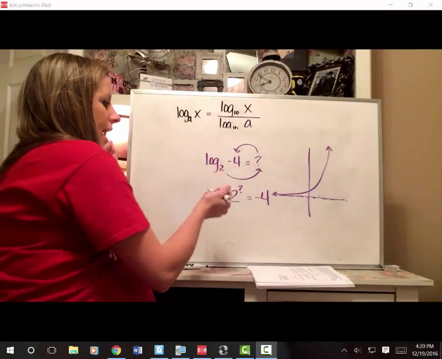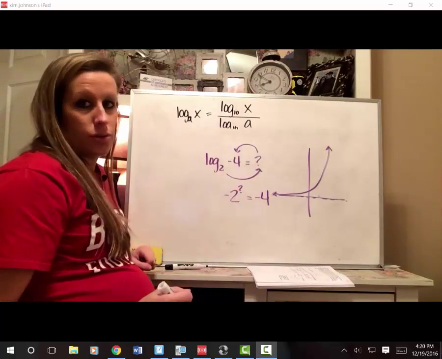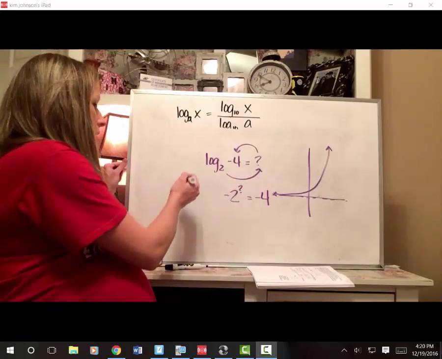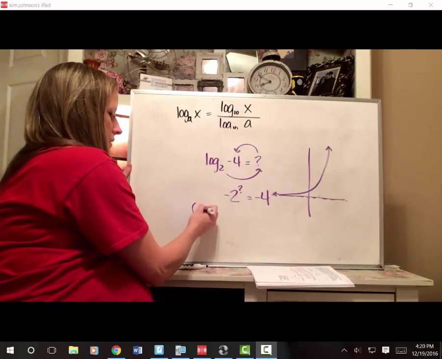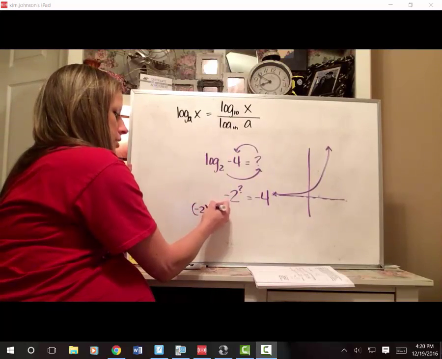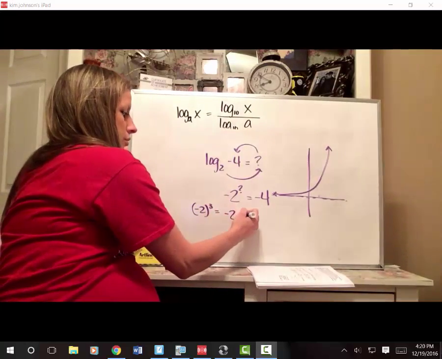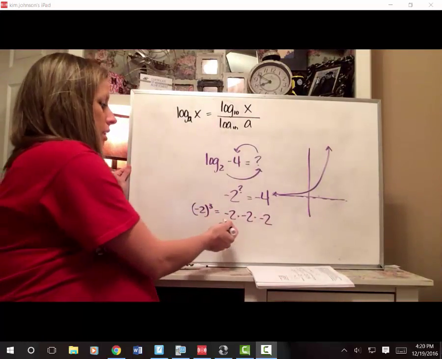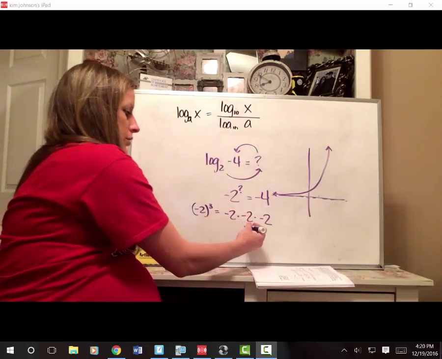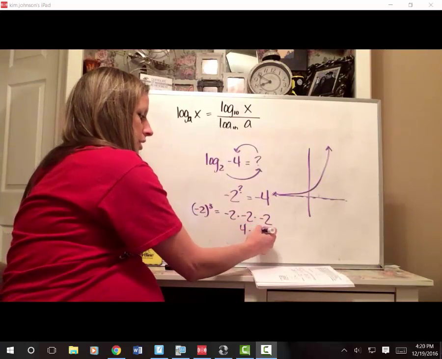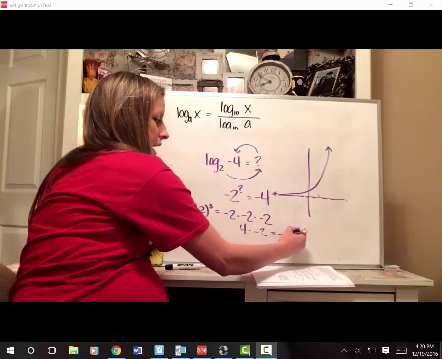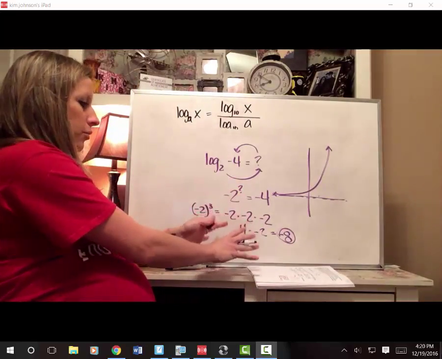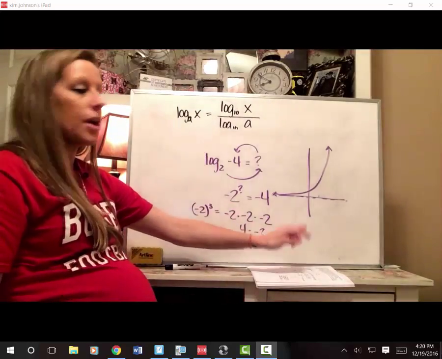Now, if I have negative 2 as a base, then yeah, I can get a negative number, because if I do negative 2 cubed, it's like saying negative 2 times negative 2 times negative 2, right? So negative 2 times negative 2 is 4. 4 times negative 2 would give me negative 8. So, yes, in that way, you can get a negative number.